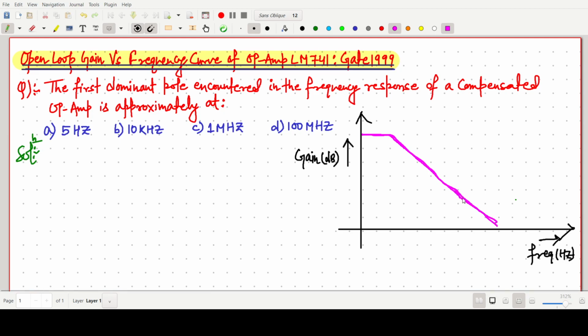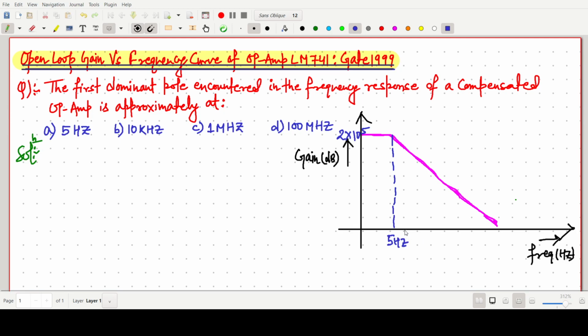This one is the structure and the value. This value is around 2 into 10 to the power 5, and this point is around 5 hertz.